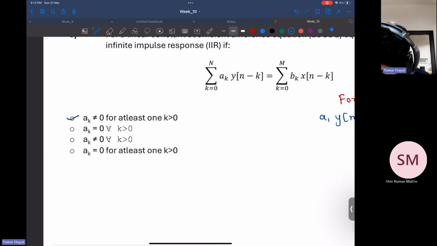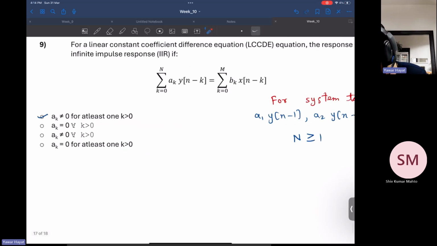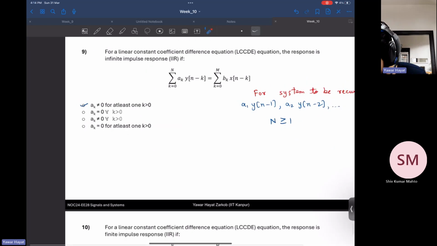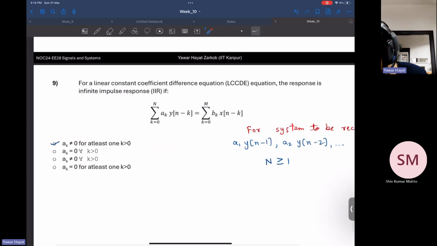It is this one, right? a_k should not be equal to 0 for at least one k greater than 0. Because if this condition is satisfied, then I will have an order that is greater than or equal to 1. If this condition is not satisfied, then the system is not recursive. I need a non-zero coefficient a_k for at least one k greater than 0 for the system to be recursive, and hence the response will be infinite in this instance.